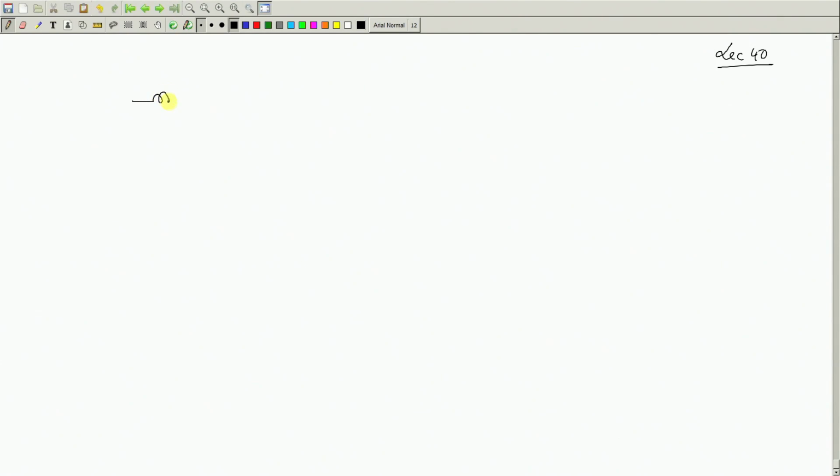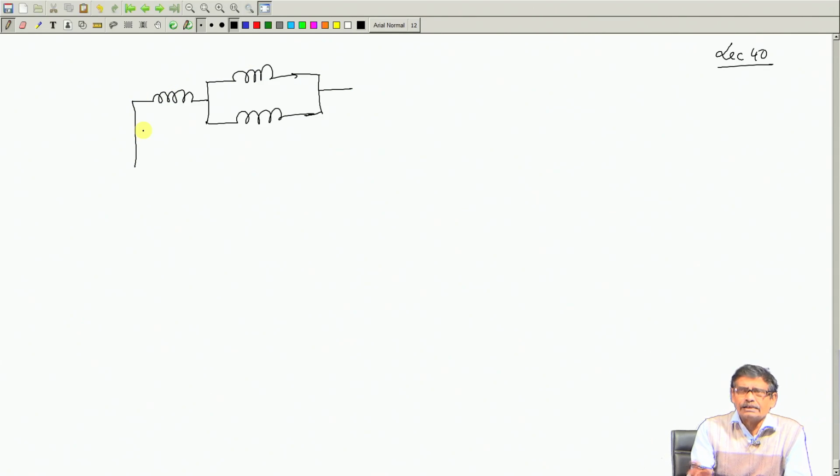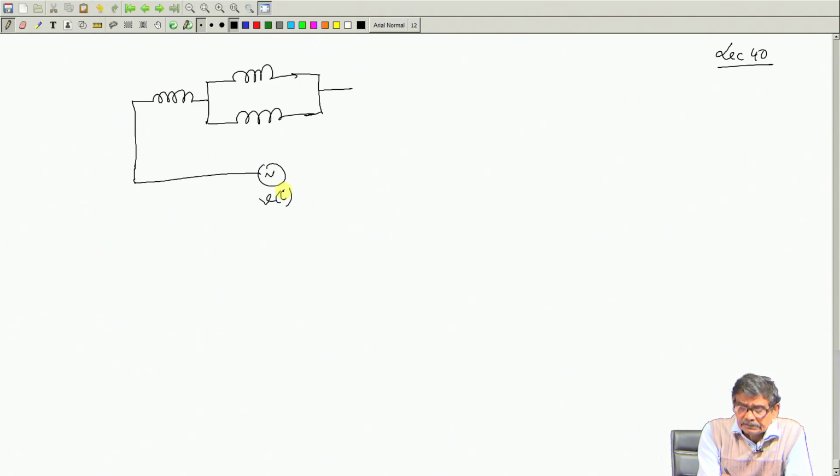For example, say there are 3 coils. This time I will do it rather easily, without drawing those circles. Suppose there are 3 coils here, with some AC voltage V(t) connected, plus minus.